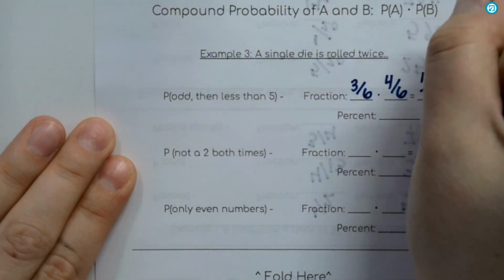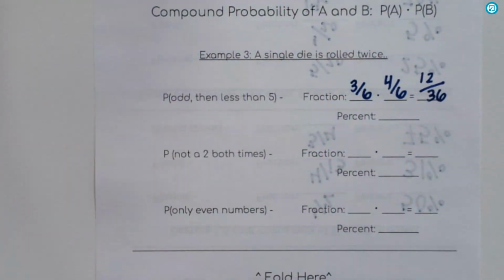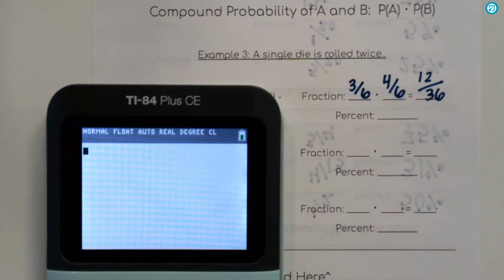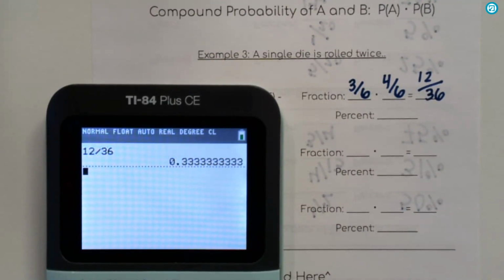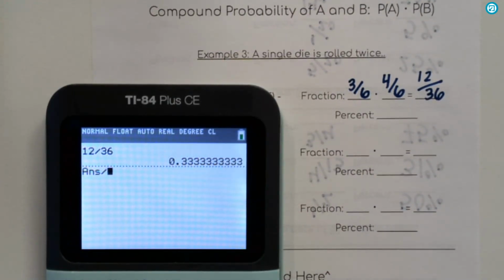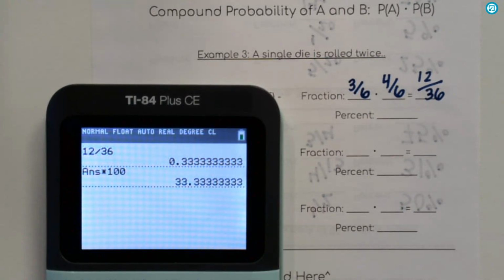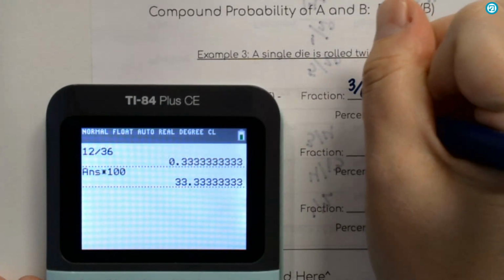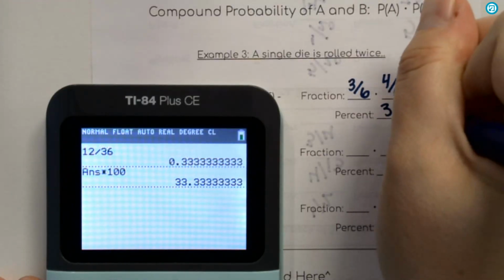So we have a 12 out of 36 chance of this happening. Okay, and then 12 divided by 36, times 100. Oh, times 100, not divided by 100. We get 33.33. That is a 33% chance of that happening.